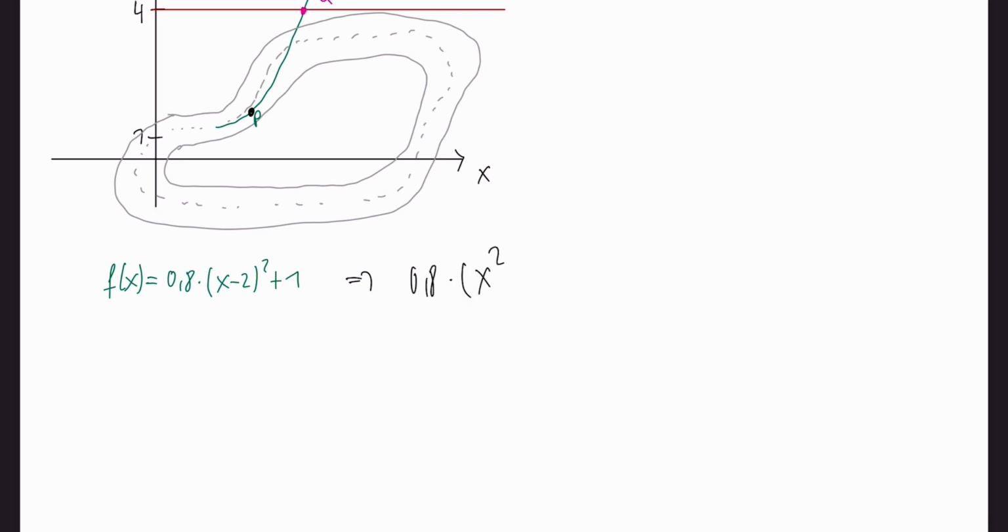So we put 0.8 times x squared minus 4x plus, there actually needs to be 4. I wrote it false, but I'm doing it right in 3 seconds.